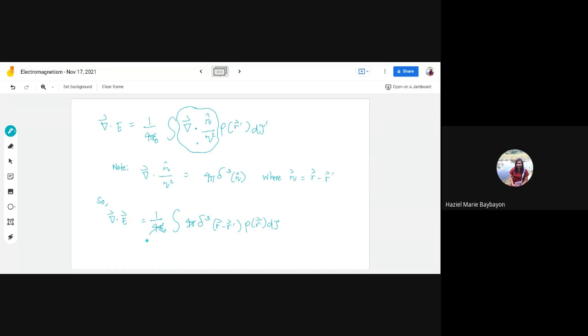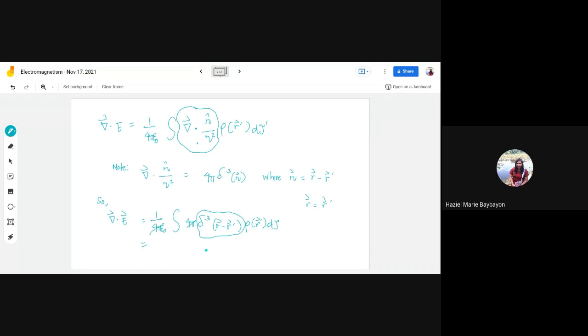Take note that the Dirac delta function has a peak value where r is equal to r prime, so the integral of the Dirac delta function is equal to 1.